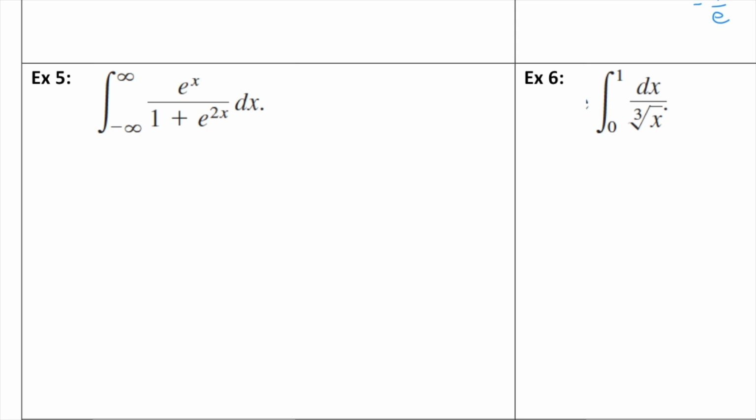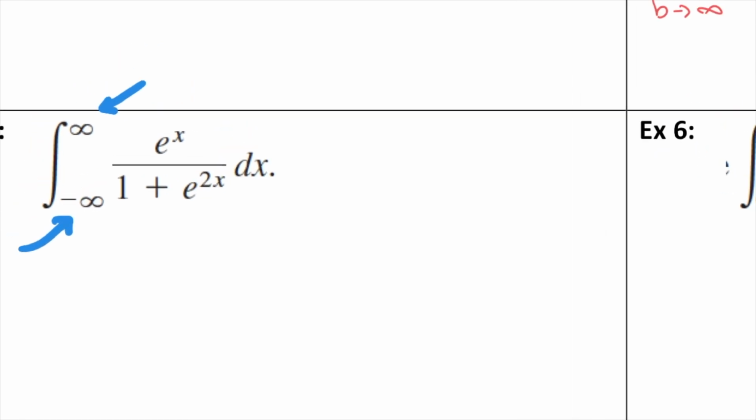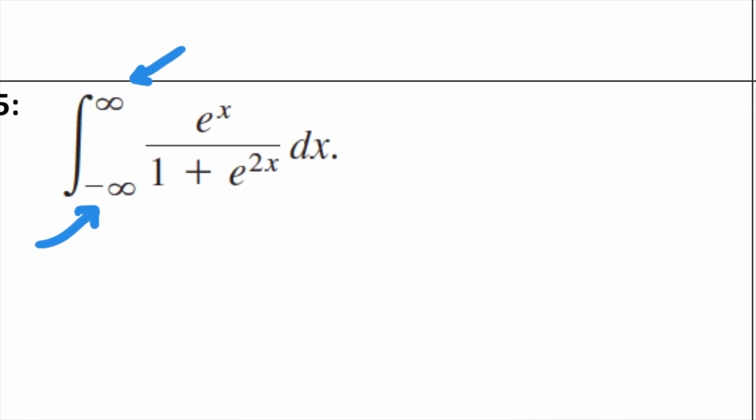Oh no, take a look at example 5. Did you notice that the limit is going to positive infinity and negative infinity? Which means we're going to have to break this problem into 2 parts. We're going to first look at the limit as a goes to negative infinity for your integral from a to 0, e to the x over 1 plus e to the x, and that's going to be squared, dx.